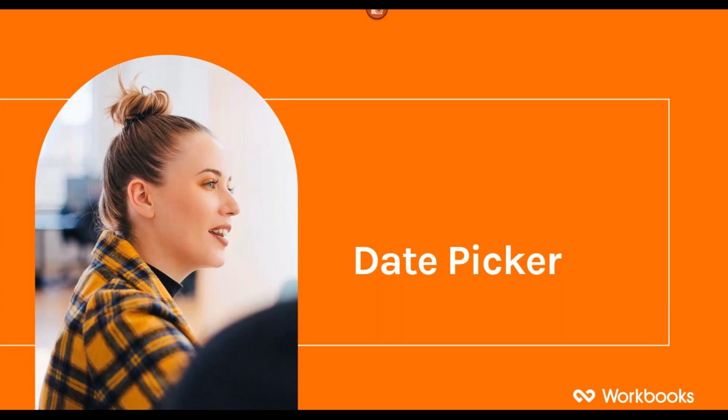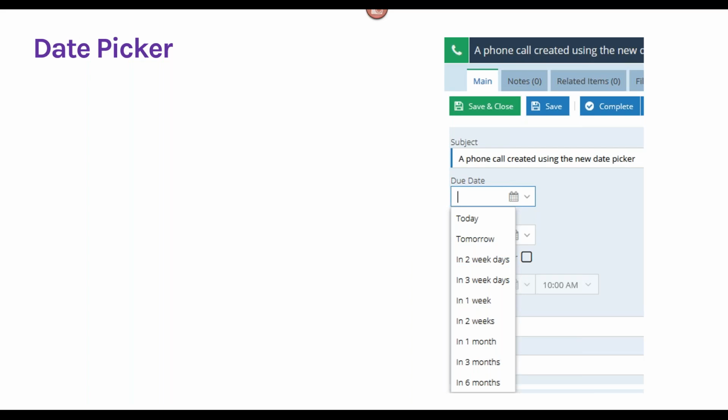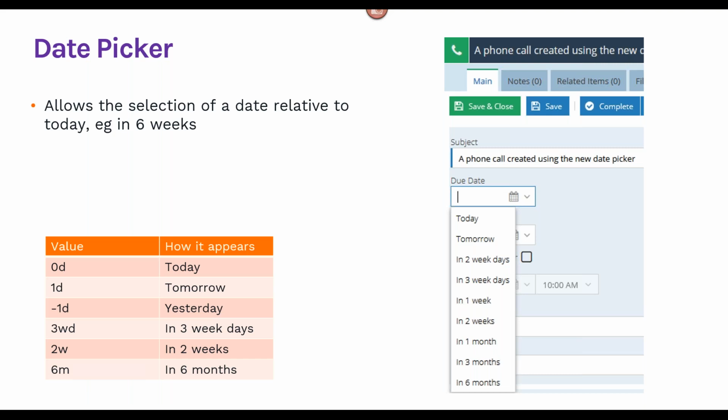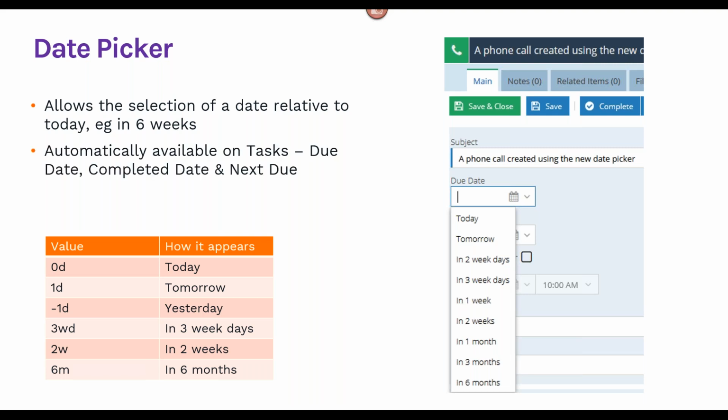We looked at the date picker. If you remember, I showed you a date field on an activity. We have, and that allows you to select a date relative to today, to now. So it just makes it much easier to select a date quickly without having to move forwards or backwards in the calendar. I think it's particularly useful when you're setting up follow-on activities, which is what I showed you within the product.